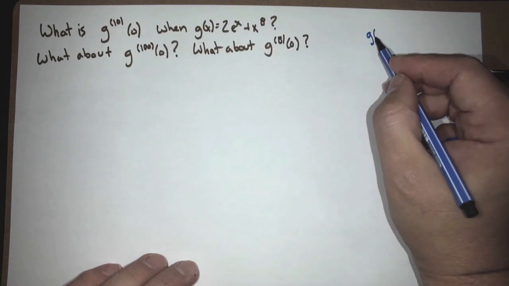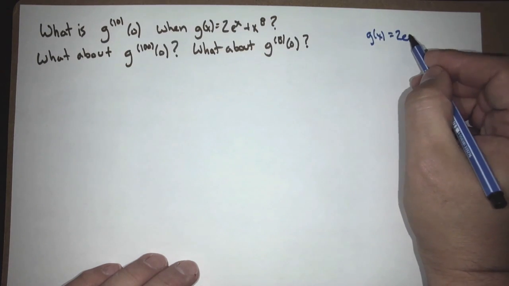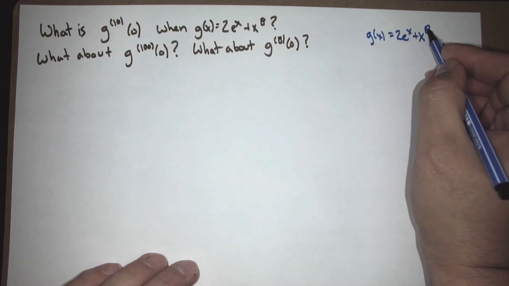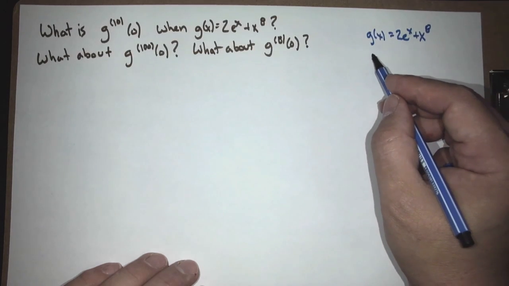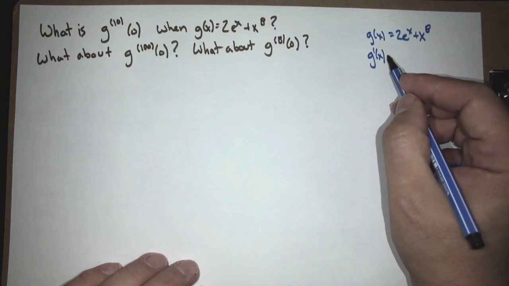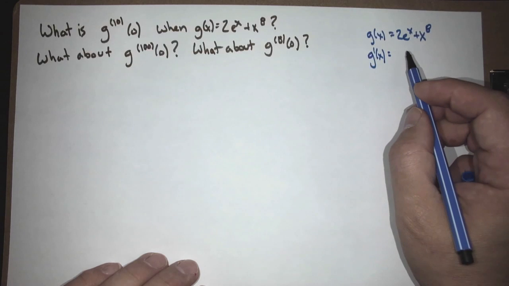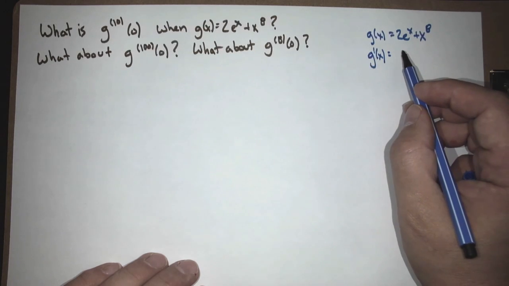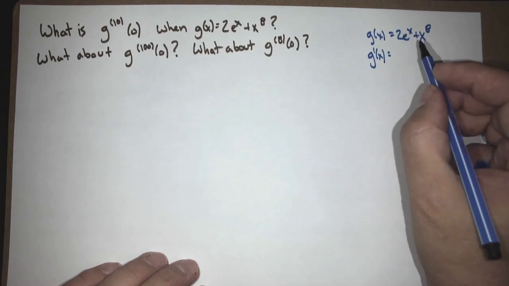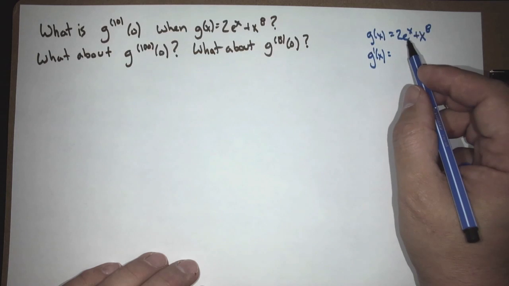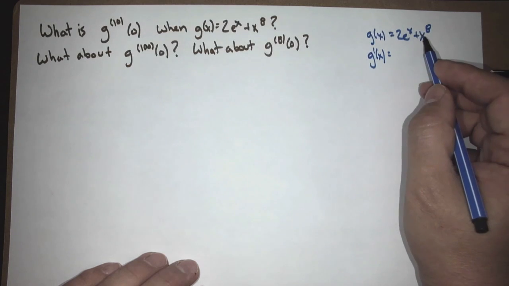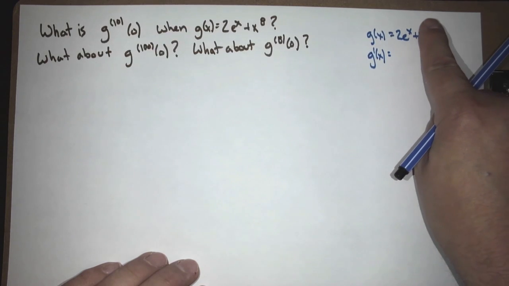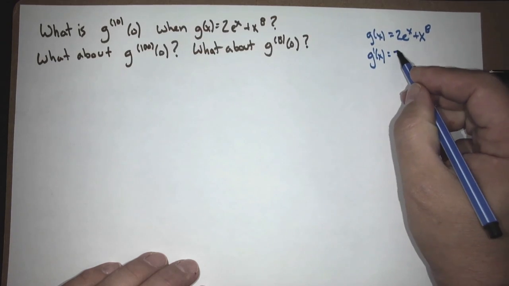So g of x is 2e to the x plus x to the 8th. What's going to happen when I take a derivative? What does it look like? Well, you have two things being added, so you can take the derivative separately. What's the derivative of 2e to the x? 2e to the x.